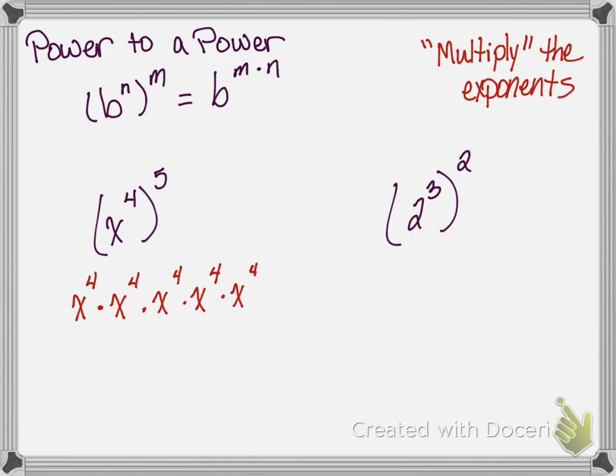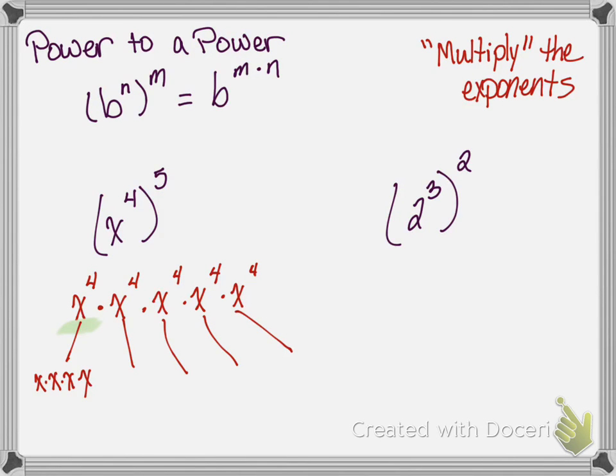Now I'm multiplying x times itself 4 times right here. So what this means is x times x times x times x. Okay, and that occurs 5 different times.